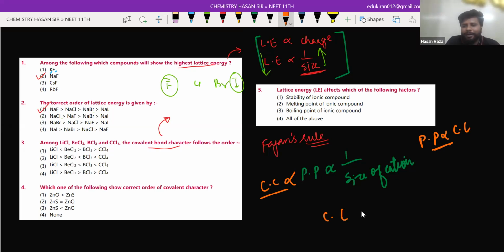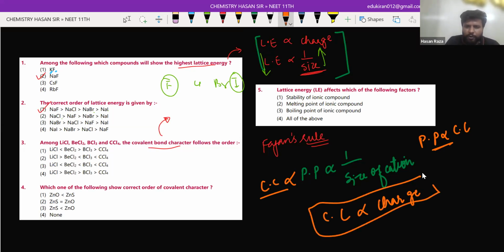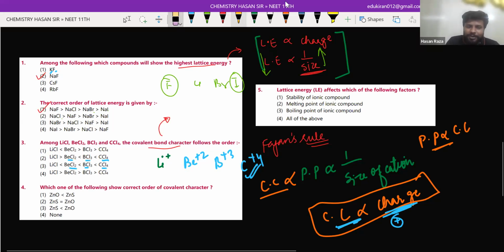Or we can write covalent character directly proportional to charge on cation, whether it is positive or negative. So you can see one thing, that is chlorine is common in all of them, right? So LiCl will have Li +1, then beryllium will have +2, then boron will have +3, carbon will have +4. So you can see covalent character directly proportional to charge. So it will have the maximum covalent character CCl4, then BCl3, then BeCl2. And here this will not be correct because it has been shown that LiCl is greater than BeCl2, which is wrong.